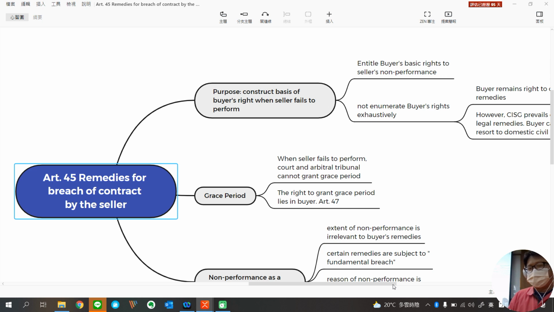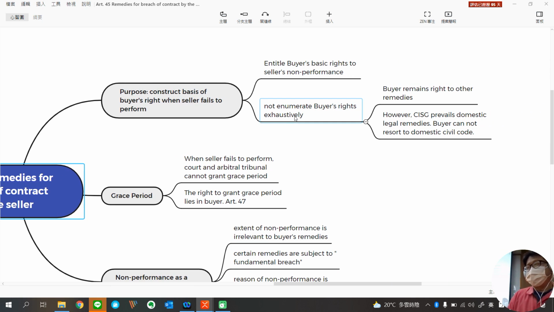So here is an important idea: exhaustively. That means the CISG articles just regulate A, B, C, D, so the buyer's right would be restricted to option A to option D. That is what exhaustively means. But the CISG in Article 45 just regulates that the buyer has rights A, B, C, D, and you may have further rights under different law or your contractual duties.